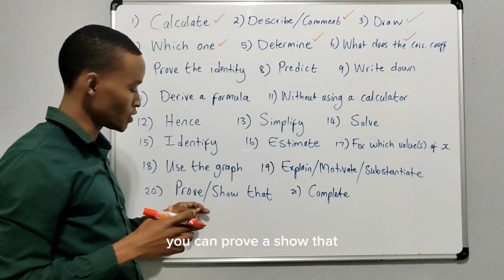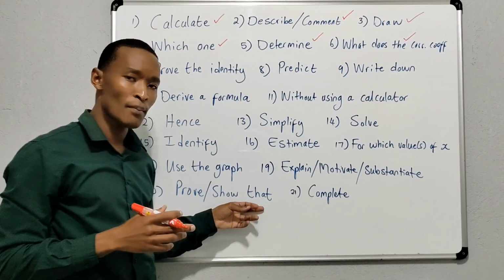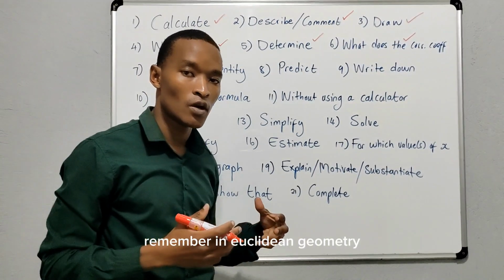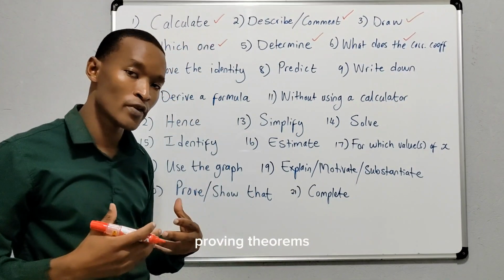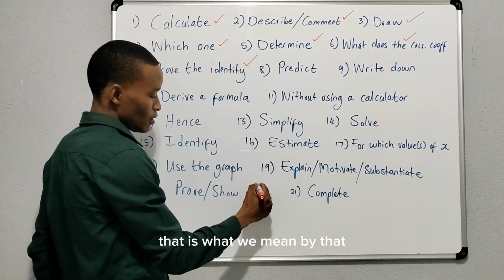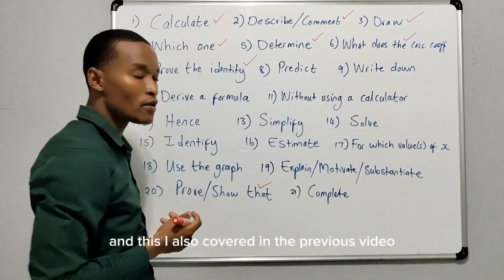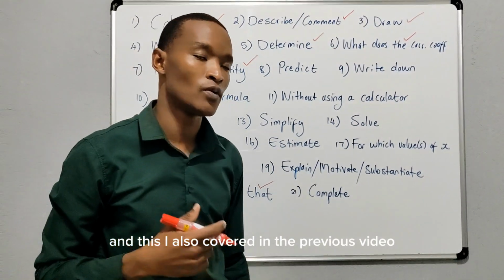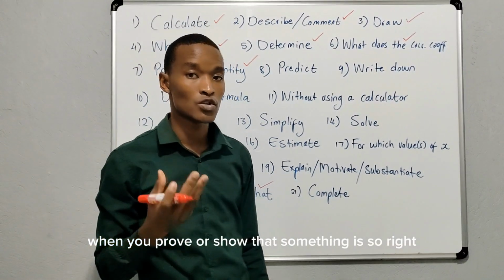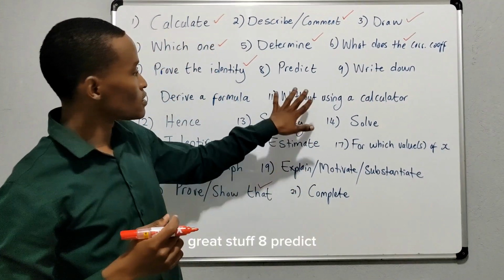You can prove or show that, but it's not limited to trigonometry. Remember, in Euclidean geometry, we are proving theorems. That is what we mean by that. And this I also covered in the previous video when I discussed paper 1, when you prove or show that something is so. All right, great stuff.